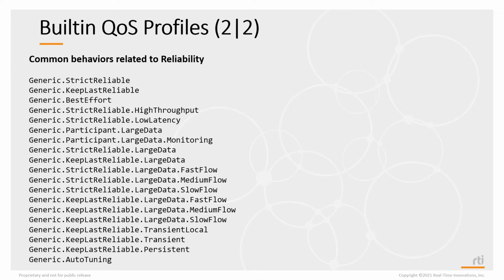So even though there may be 50 plus QoS policies and hundreds of settings, you don't need to touch every single one for a particular use case. But of course, if you don't know Connext DDS that well, it's really hard to figure out which ones are the most important. So you can use the definitions of these built-in QoS profiles to learn about DDS and which QoS policies are the most relevant for a particular use case.